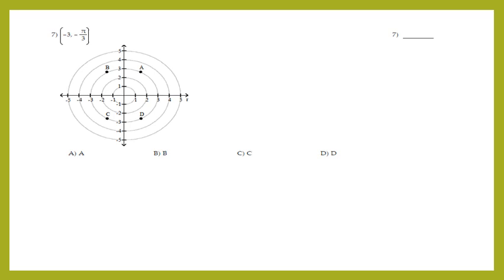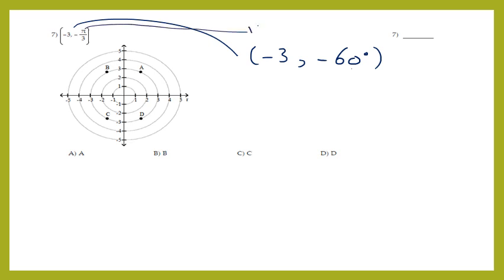Question number 7, another point, negative 3 and negative pi over 3. From where I got 60, I just change pi to 180. Now, if you don't know how to solve this one, just add 360 and keep the negative 3. So negative 60 plus 360 is 300. Ignore the negative right now.